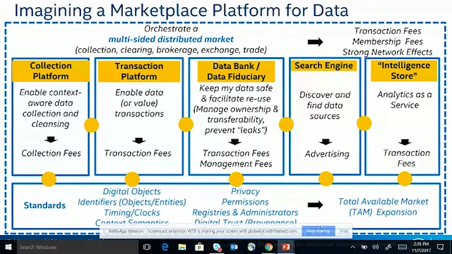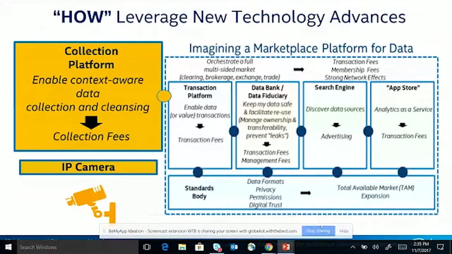So let me give an example of this. I started with an example around Internet of Things and talked a little bit about an edge and a cloud. And so if we go back, I used a camera as an example. If you look at a collection platform, an example of a collection platform might be a camera.